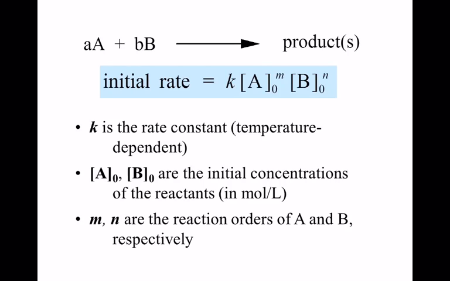I could underline each one of them, and each one of these you get by observation, so experimental data. Basically, you run this reaction, you evaluate it, and you can come up with these. You too can come up with your rate law expression. So this is the bare bones generic one.